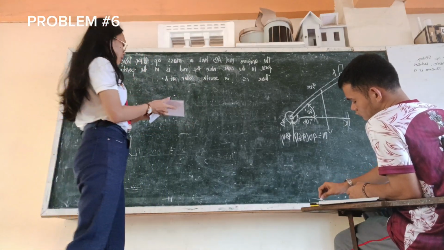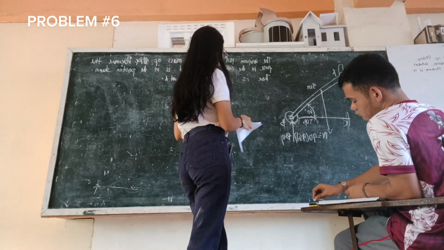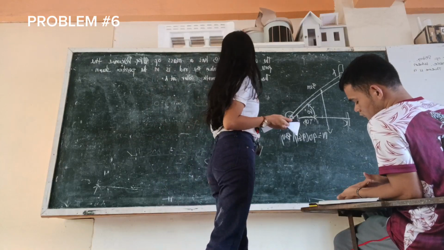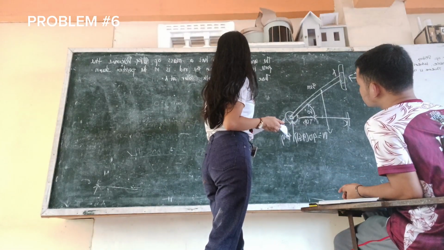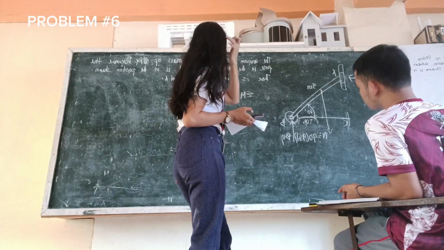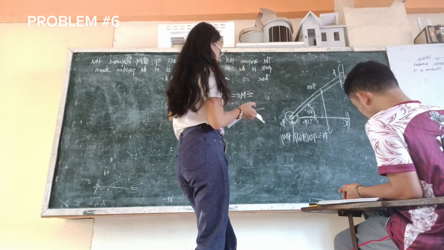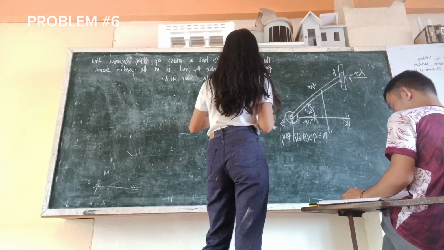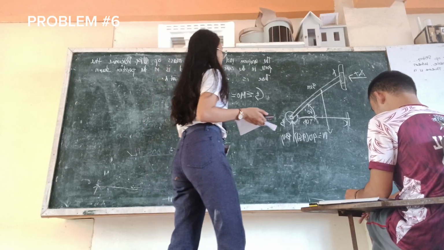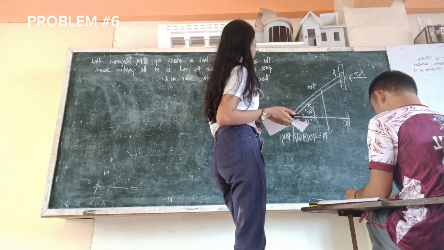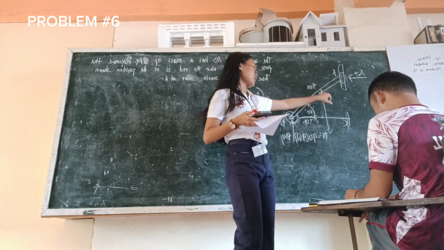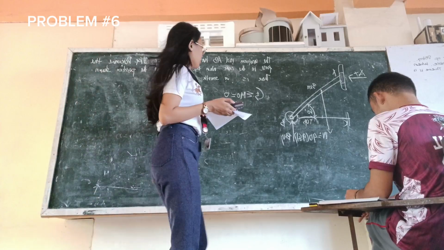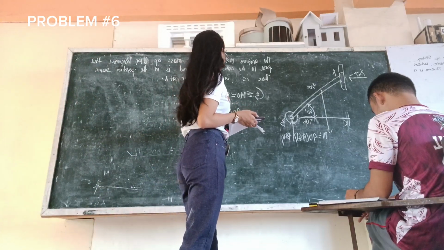So now we can sum the moments. First, the summation of moment is equal to 0, and we take counterclockwise as positive. First, we are going to find the moment of the weight at the center, which is 40 times 9.81.